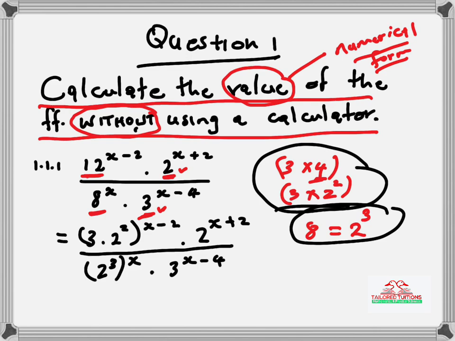Now let us continue. The next step, we need to write this thing in exponential form. So this will be equal to 3 exponent x minus 2, and then remember we had 2 exponent 2, right? So it will be 2 exponent 2 times x is 2x, then 2 times minus 2 is minus 4.